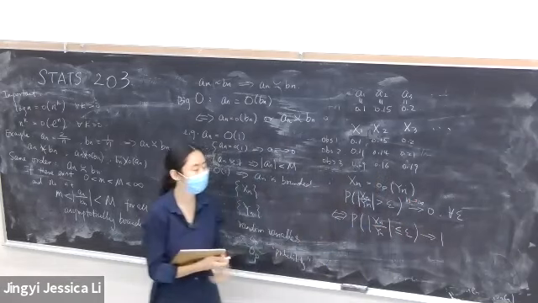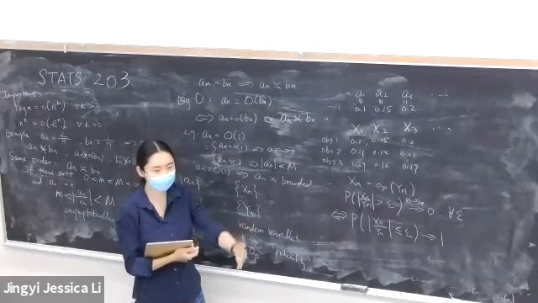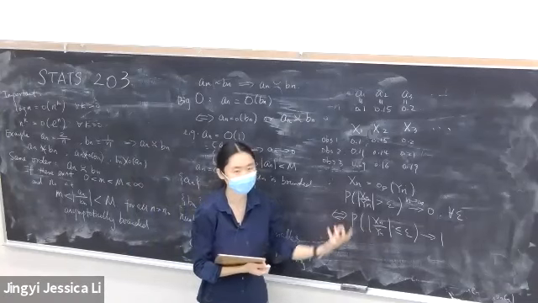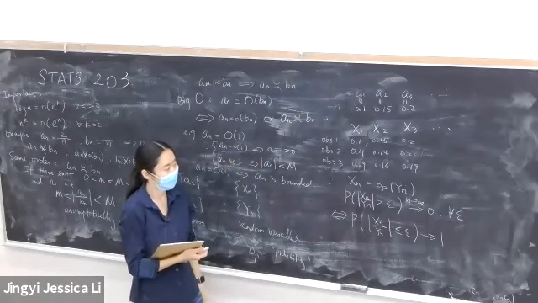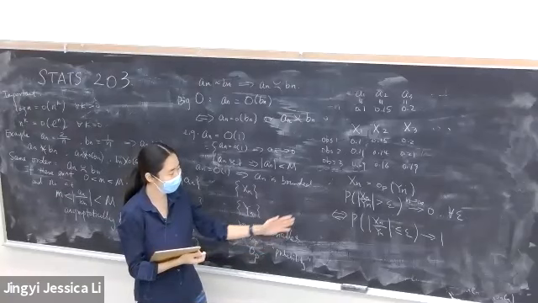So these two things are equivalent. We have a probability approaching 1 as n goes to infinity that this ratio is very close to 0. This is something we need to talk about next time.